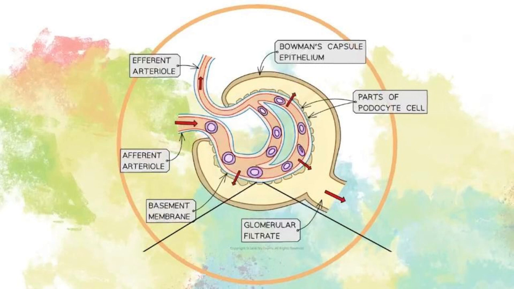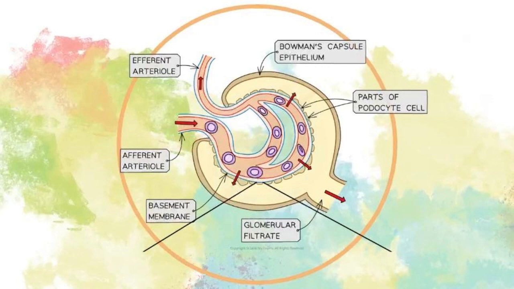They get smaller and smaller, and this increases the pressure on the blood moving through them as they run out of space to flow, essentially. And this eventually causes the smaller molecules being carried in the blood to be forced out of the capillaries into the Bowman's capsule, where they will form what is known as the filtrate. So anything that's come out of the blood into the Bowman's capsule is called the filtrate.